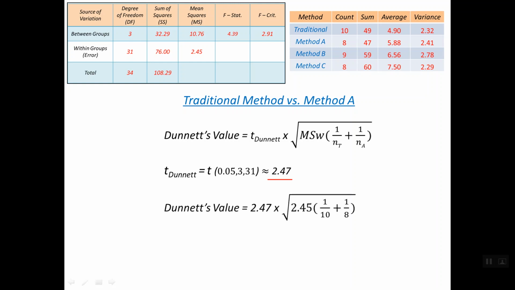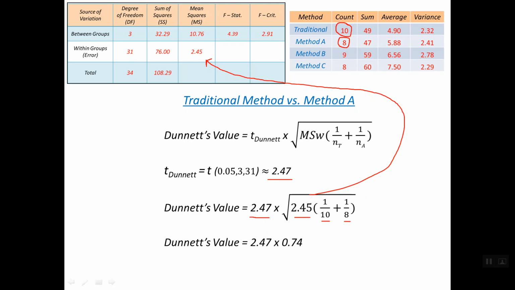If we substitute in the formula, this is the value of the t for Dunnett, and this is the value of the mean square within, which is 2.45, multiplied by 1 over 10. 10 is the size of the traditional group, which is the control one, plus 1 over 8, and 8 here is the number of observations for method A. If you proceed, you will get the value for Dunnett's to be 1.83.